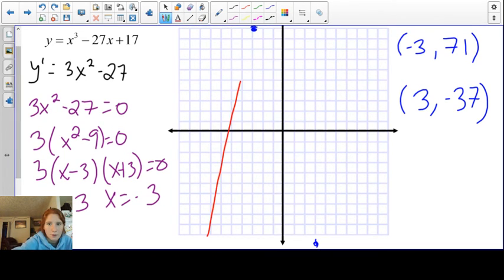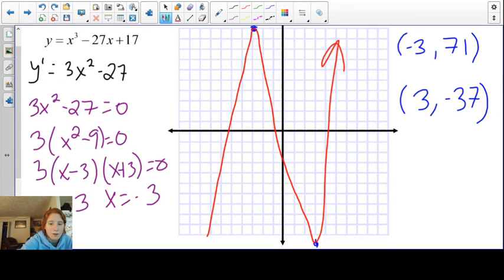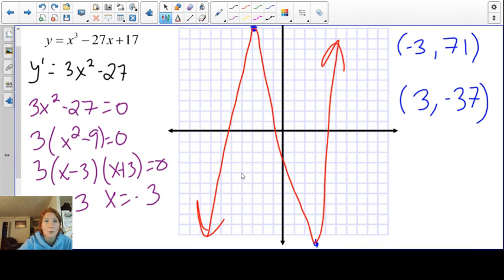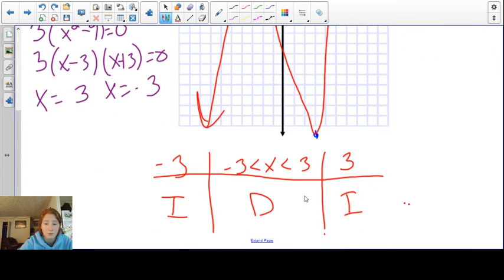Increasing, decreasing, increasing. Now, I will tell you this right now: not every graph pattern will be the opposite. They don't all magically work out that way. Sometimes they do, but for the most part, you have to do the other part just to double check that you know what you're doing.